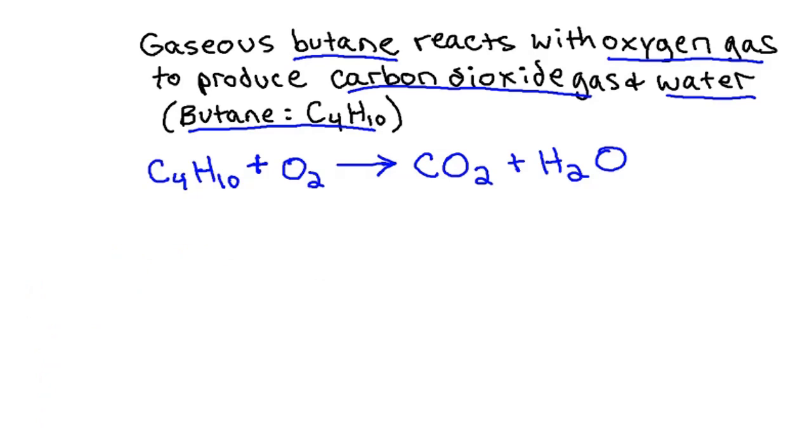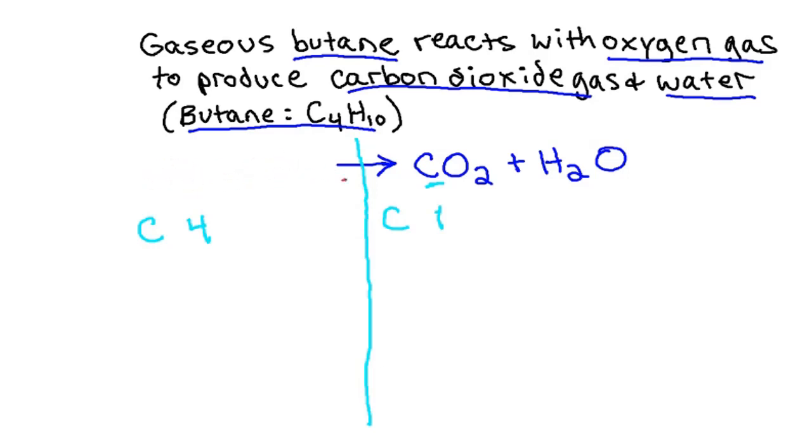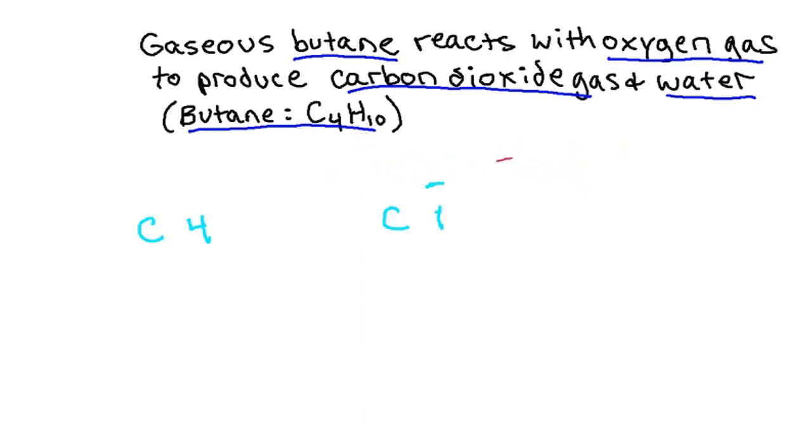Okay, so the first thing we're going to do is draw a line down the center where the yield line is. And the first thing we're going to look at are the carbons, the C's. So on the left side of this blue line there are 4 of them. And then on the right side of this blue line there's only 1 C. And actually, let me rewrite this so we have room to draw in our moles.